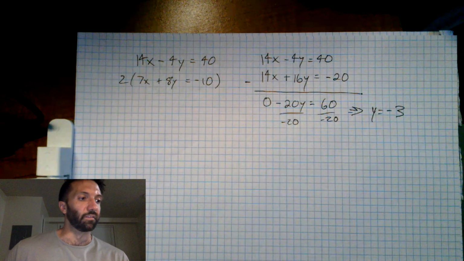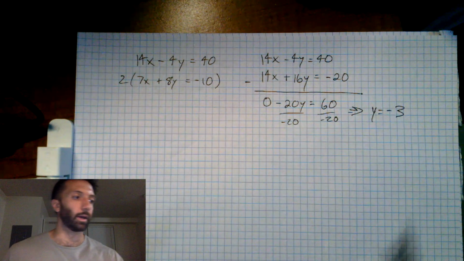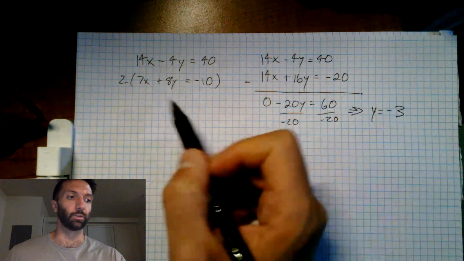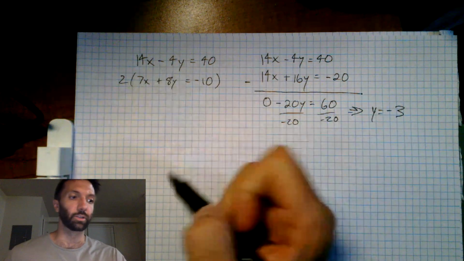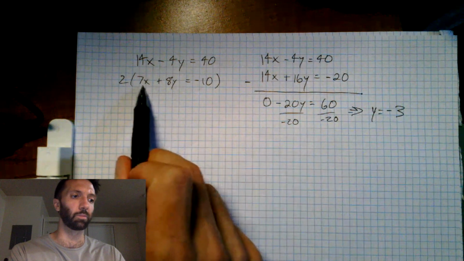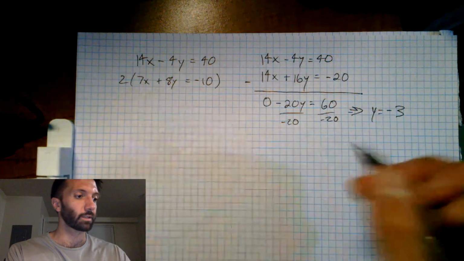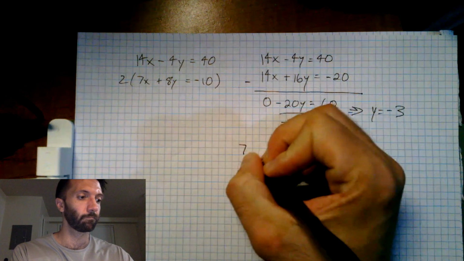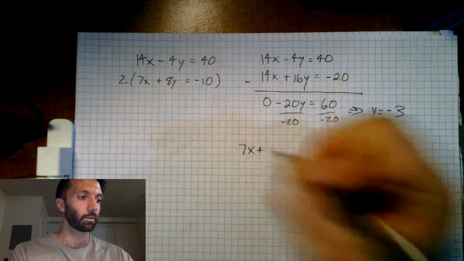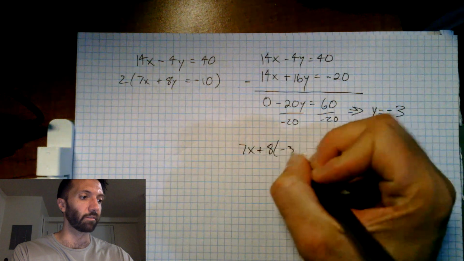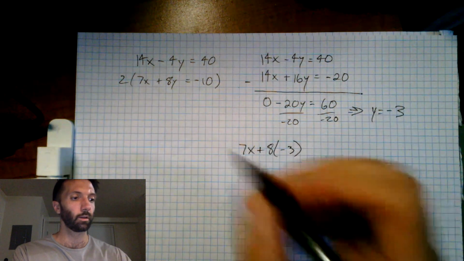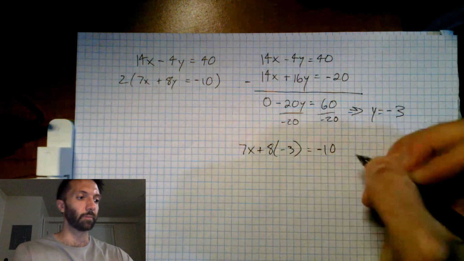And then to figure out what x is going to be, I can plug this negative 3 into either of these equations here. I'll plug it into this original one. So I have 7x plus 8 times negative 3 equals negative 10.